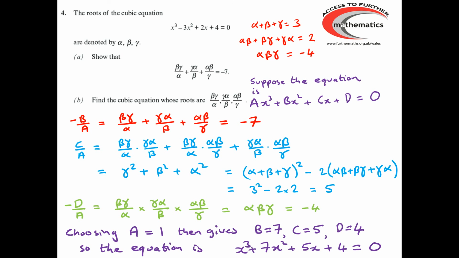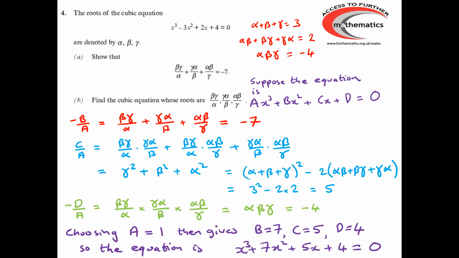Now this question actually took 11 marks. The first 2 marks were for correctly writing down the values of alpha plus beta plus gamma, beta gamma plus gamma alpha plus alpha beta, and alpha beta gamma for the original equation.